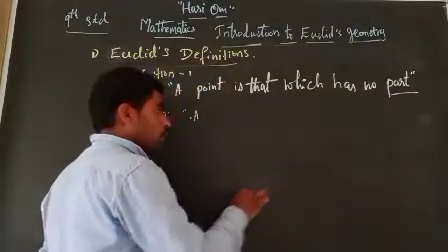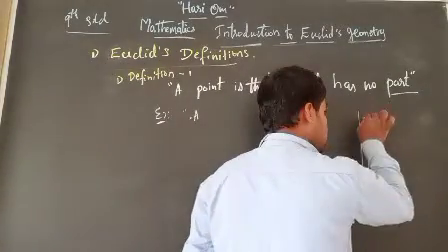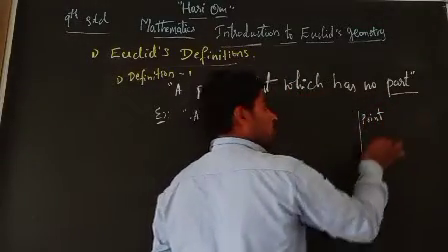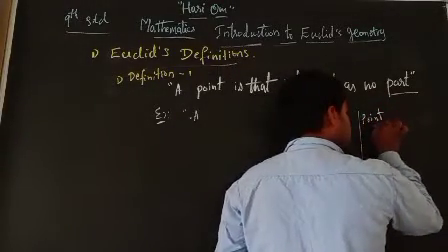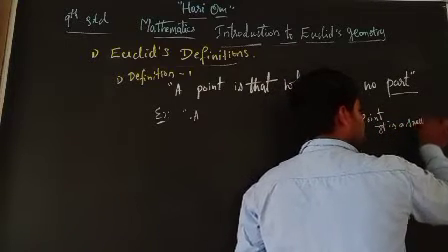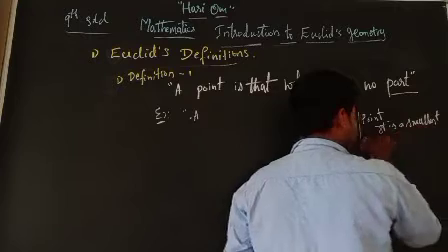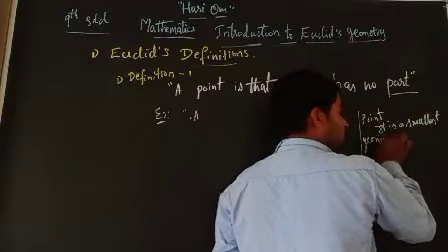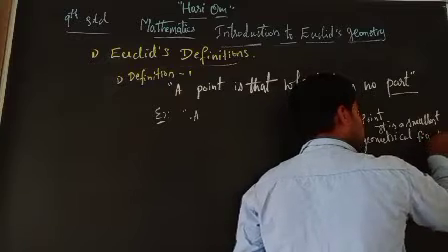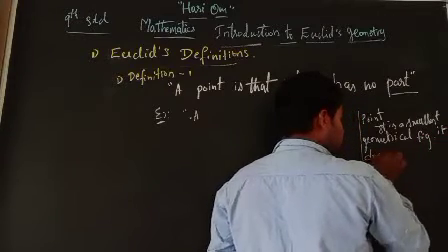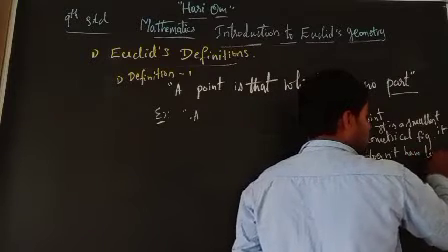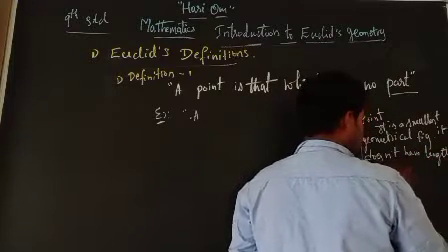So here, I'll write the definition. Point means it is the smallest geometrical figure. It doesn't have length, breadth or height.